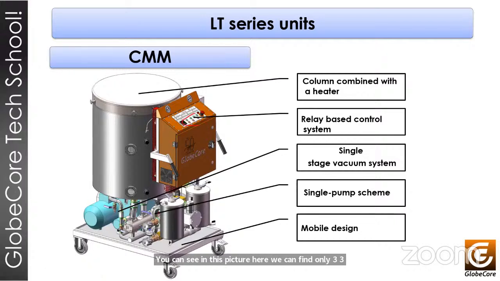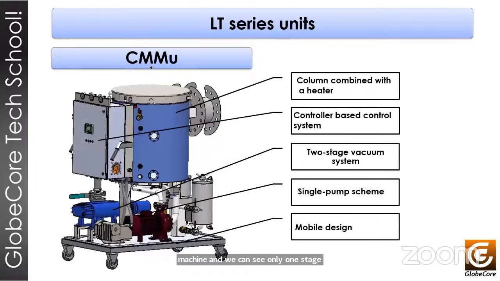This button will be used to activate the machine, and we can see only one stage vacuum pump. In the CMMU, we have two vacuum pumps, the booster pump and the main pump, and the control is by a controller. That is the specific difference between one machine and another.